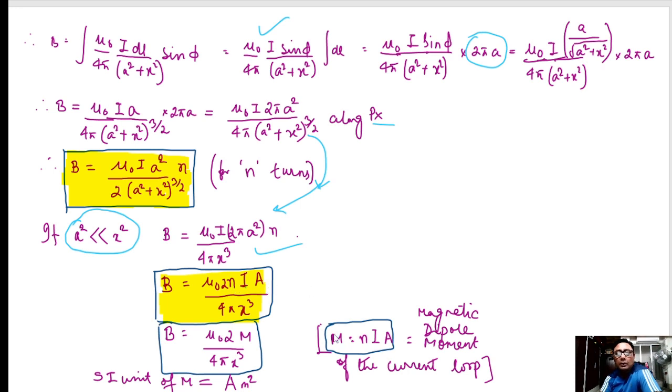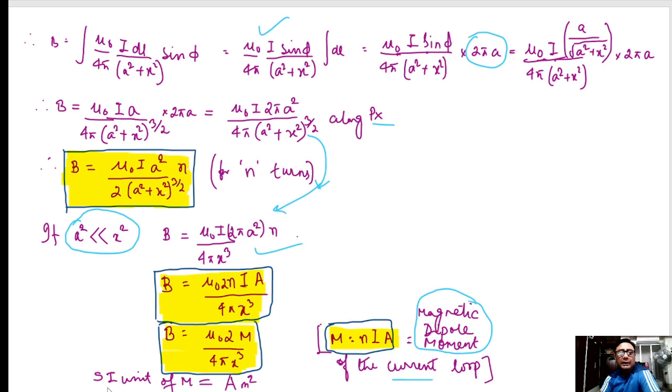NIA is called the magnetic dipole moment. So instead of NIA we put this formula, and here is the magnetic field due to the magnetic moment. So please keep a note of it. This is the magnetic moment. Okay, magnetic dipole moment, as you can see here, M is the magnetic dipole moment of the current loop.